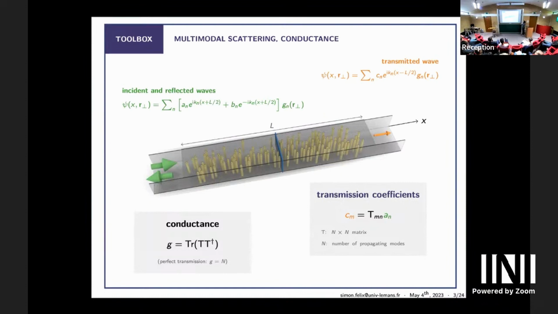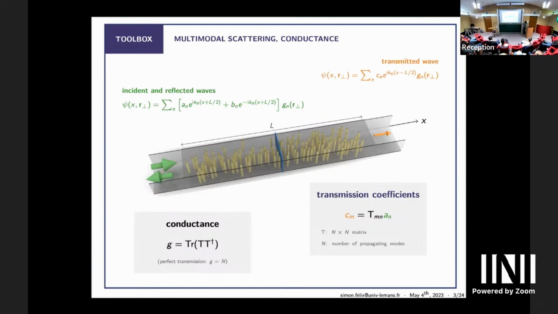We consider a multimodal wave propagating in the waveguide, described with an incident and reflected part, and on the other side, at the right of the heterogeneous part, the transmitted wave, also written with multimodal components. There is no approximation here. We are mostly at high frequency, so typically we have a few hundred propagating modes in the lead. The lead means the two homogeneous parts on the left and right.